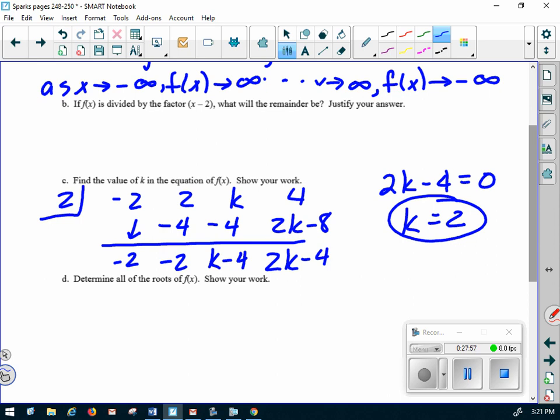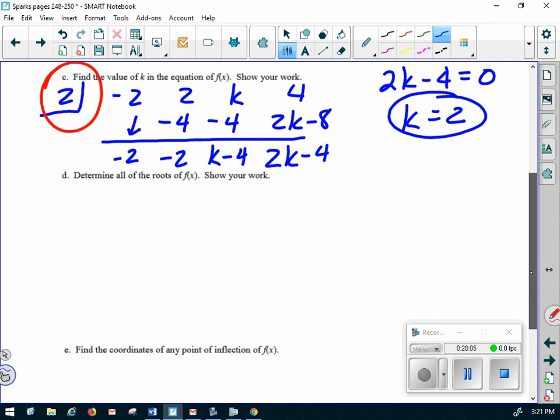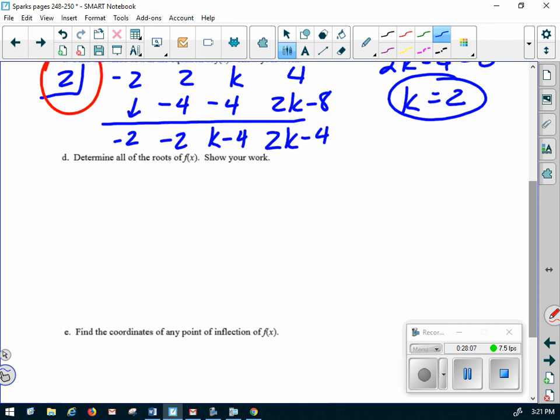All right, determine all the roots of f of x. Well, I know one of them. One of them's 2. I was told that. So what if we divide synthetically by 2, but k is 2? That's a lot of 2's.